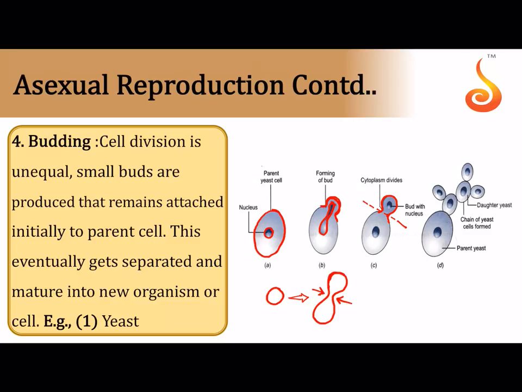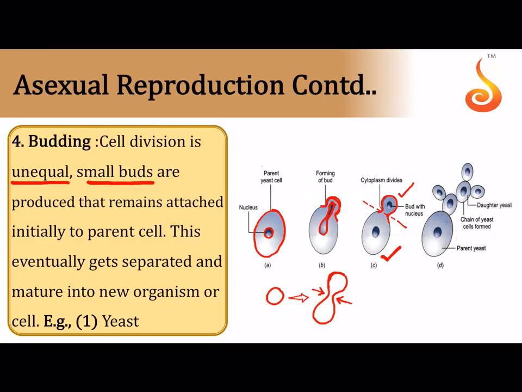This process is called budding. Why is it called unequal division here? Did you see the bud has a smaller size when compared to the parent cell? Yes or no? The bud is smaller when compared to the parent cell, and that's why it is called unequal.